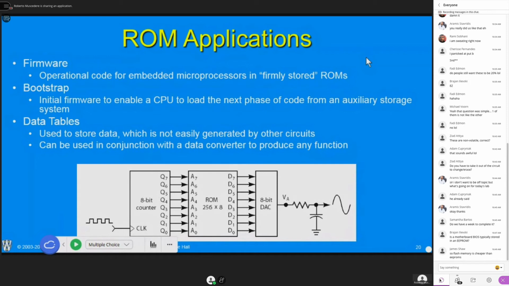So again, where's the tune coming from? The tune could be in a ROM, and it's just passing that information to some kind of synthesizer circuit that generates the different notes to play whatever song is being played. I've even seen some of these cards where you can actually record the message that will be played. And again, that's just an application of using a PROM in that situation.